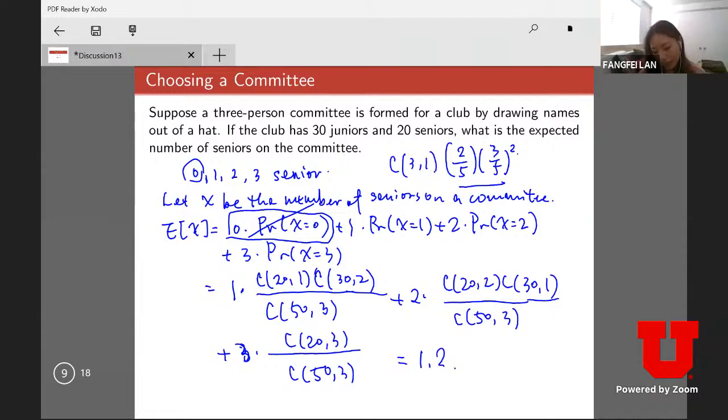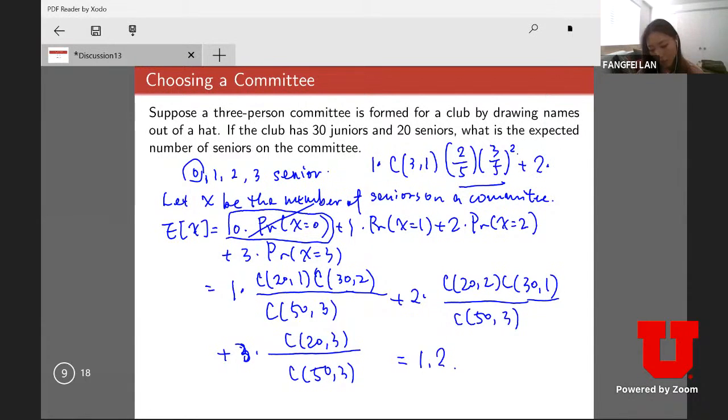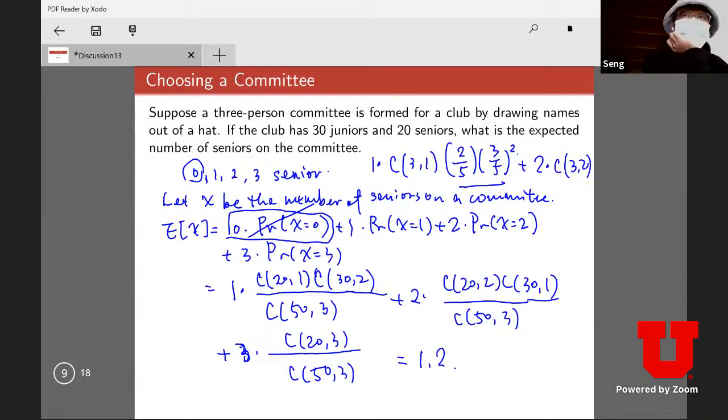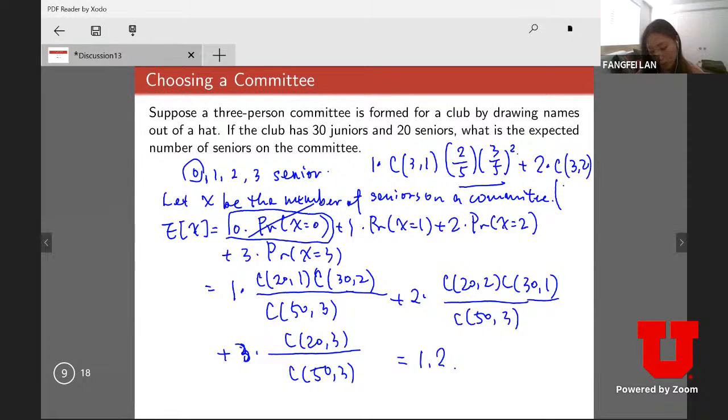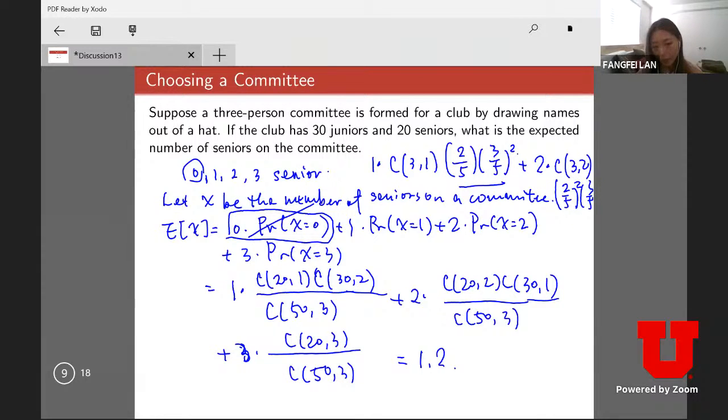C(3,1). Yep, exactly. So 1 times that. And for the 2 case, it's 2 times C(3,2). Yep. And then you're choosing 2 seniors, 2/5 squared and 3/5. That's exactly right. And then you just keep going.